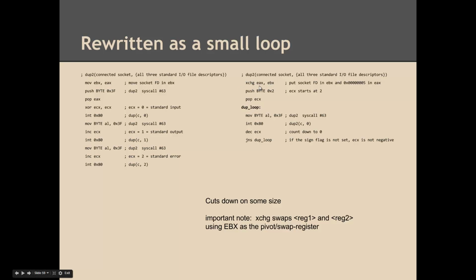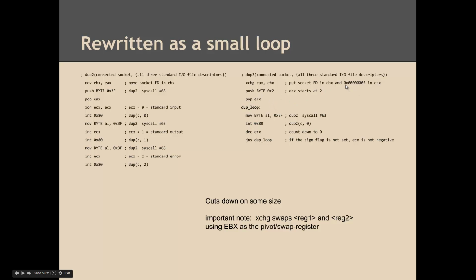So xchg basically swaps the values of EAX and EBX, and EAX is populated with the return value from accept, and that's going to be the file descriptor, so we're putting that in EBX. And I'm assuming EBX at that time was set to the appropriate value we want to now be designating with our system call when we do int 0x80.